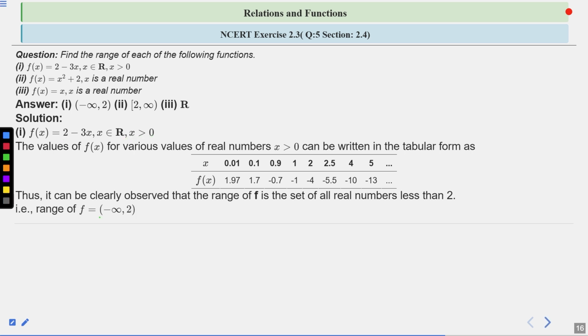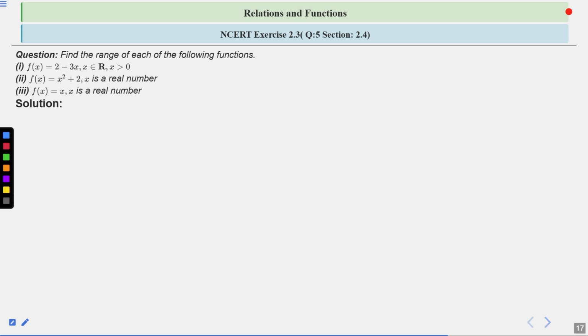In interval form this will be the open interval minus infinity to 2. Clear? Here x is positive, 3x is positive, 2 minus 3x is less than 2, and f(x) is less than 2. So another way to find the range is using this inequality. Clear? So one way is this.